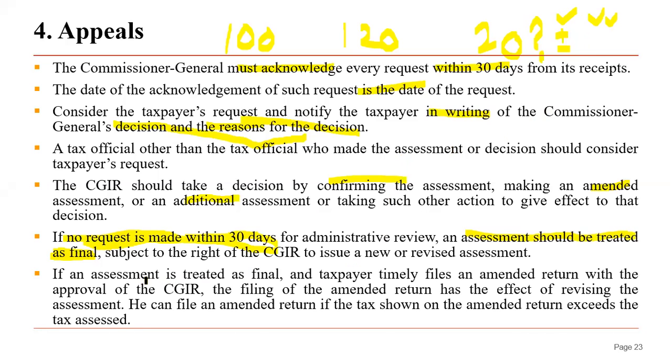Then if an assessment is treated as final, the taxpayer can timely file an amended return with the approval of the Commissioner General. Filing the amended return has the effect of revising the assessment. He can file the amended return if the tax shown in the amended return exceeds the tax assessed.